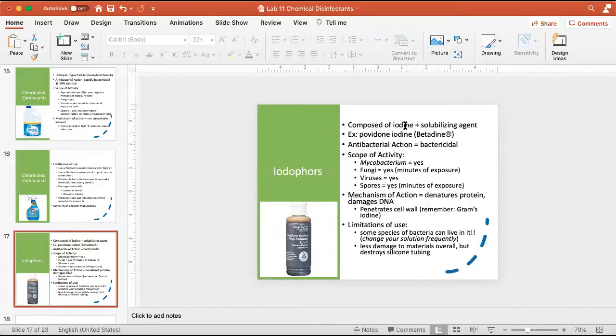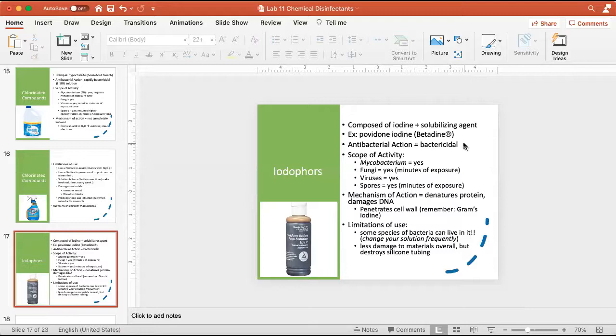So the generic term for something like Betadine is povidone iodine. So if you see that on a label of ingredients, you know it's got iodophore in it. Now, in terms of its antibacterial action, it is bactericidal, but it is not rapidly bactericidal.